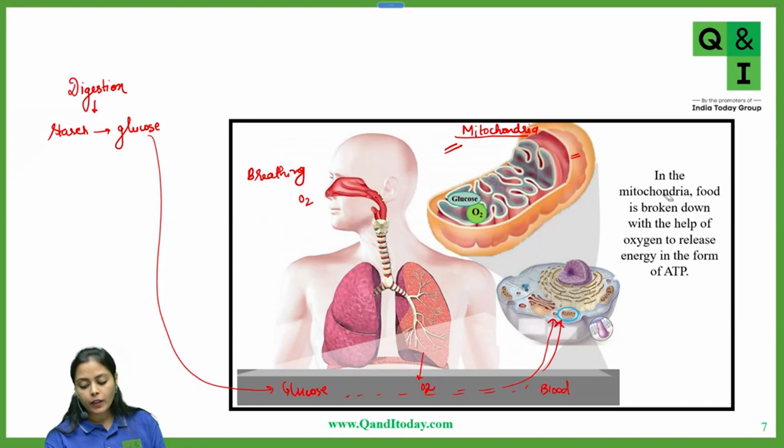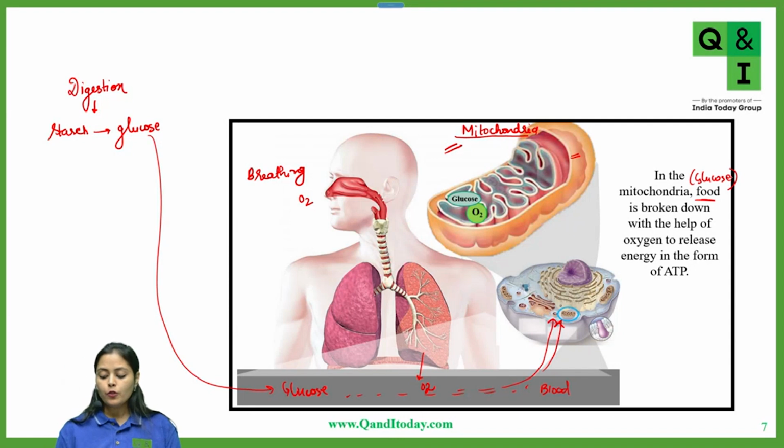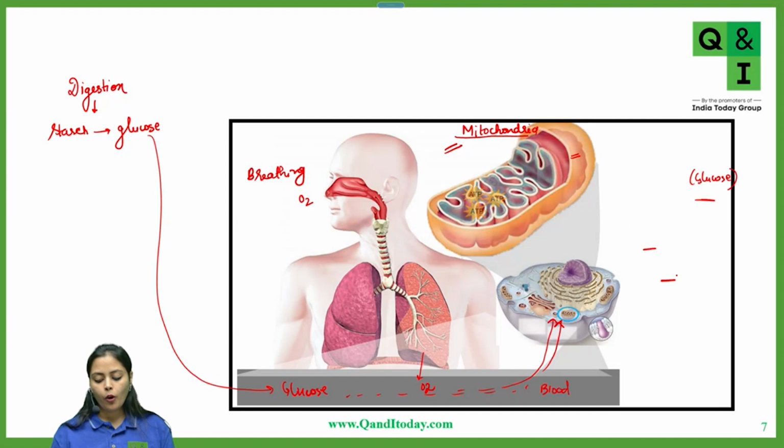So in mitochondria, the food, and by food we mean glucose coming from the digestive system, is broken down with the help of oxygen to release energy in the form of ATP. So many ATP are formed. Apart from ATP, you have certain byproducts also formed, and these byproducts are water and CO2.